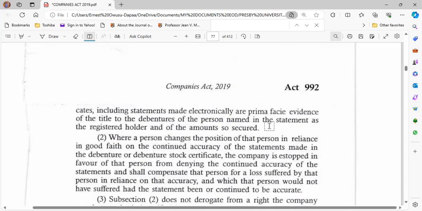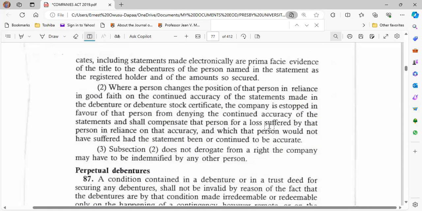So what happens where Company A has given you a debenture certificate saying that the company acknowledges that it took 1 million Ghana cedis from you, and that interest at the rate of 20% will be paid to you within 5 years or within 10 years.